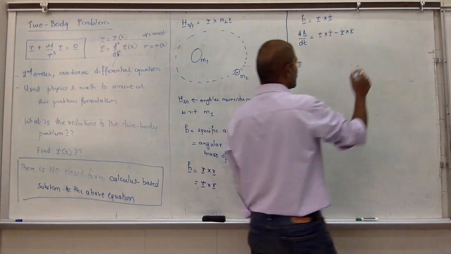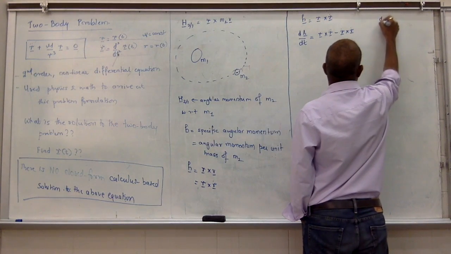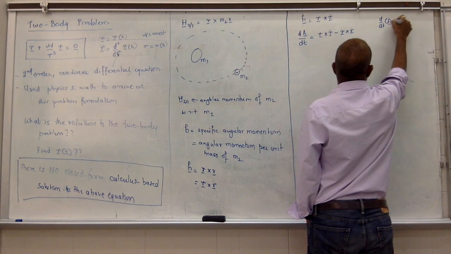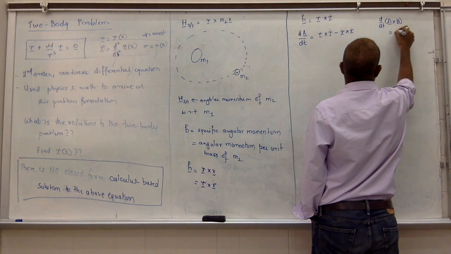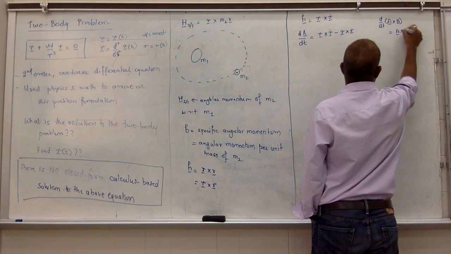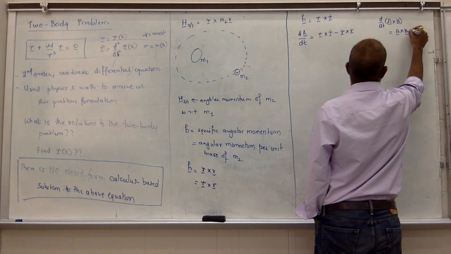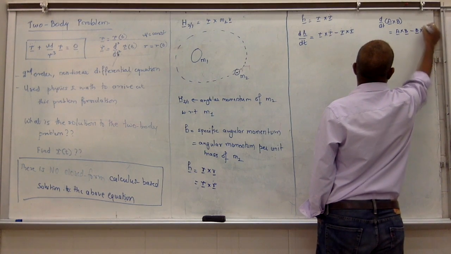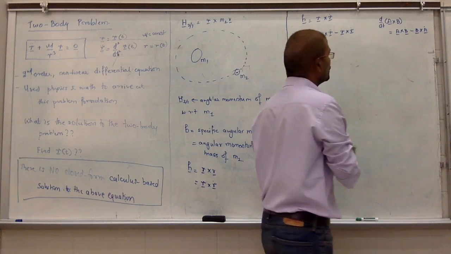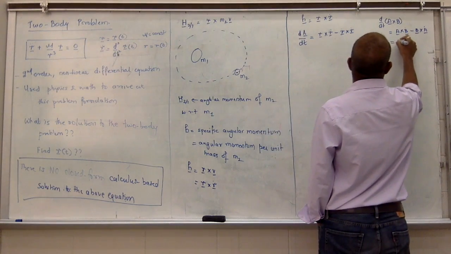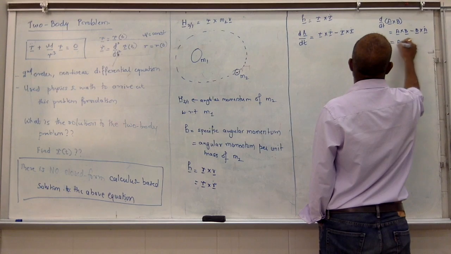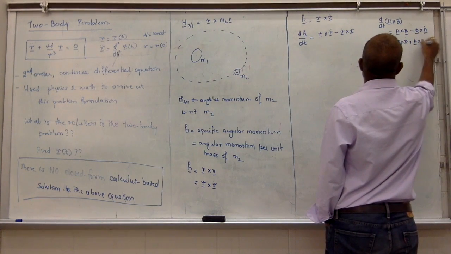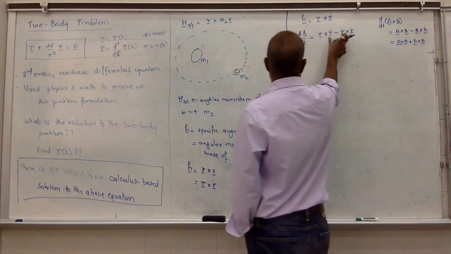Keep in mind the derivative of A cross B is simply equal to A cross with B dot, plus A dot cross with B. I have already given you this formula, so I've applied it here.